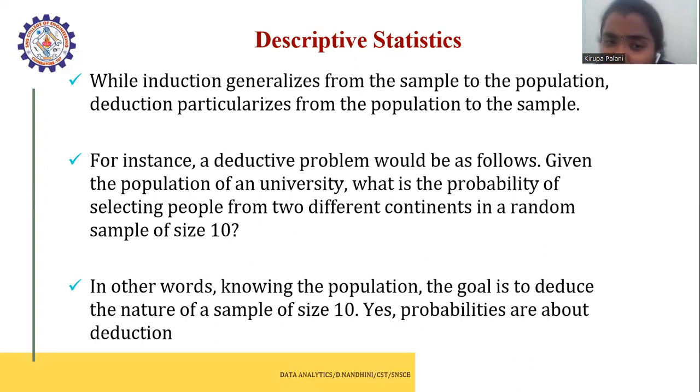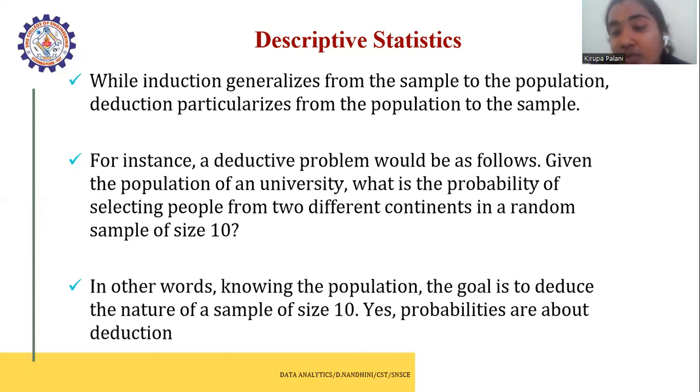For example, given the population of a university, what is the probability of selecting people from two different continents in a random sample of size 10? That is one example.